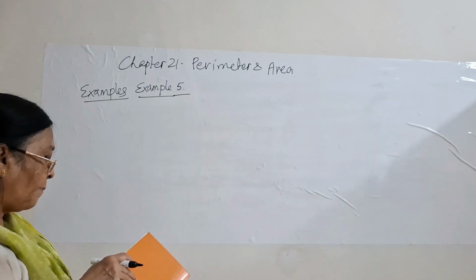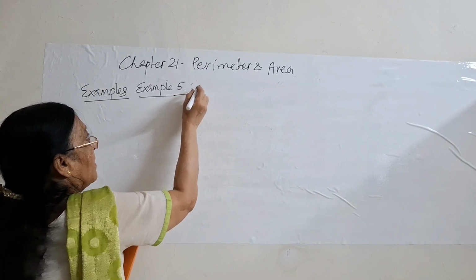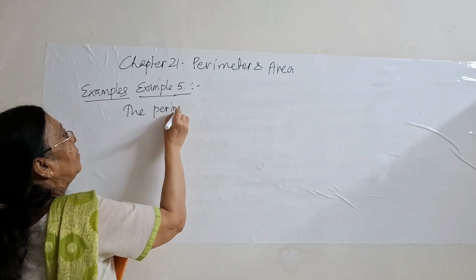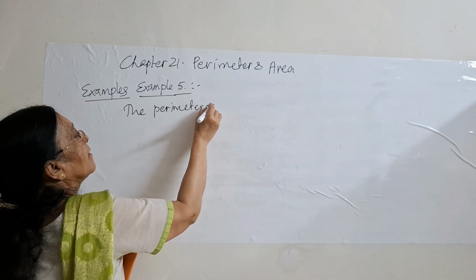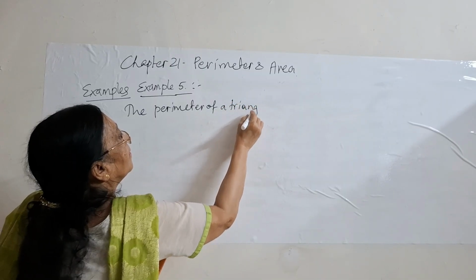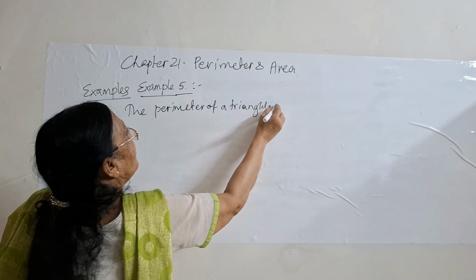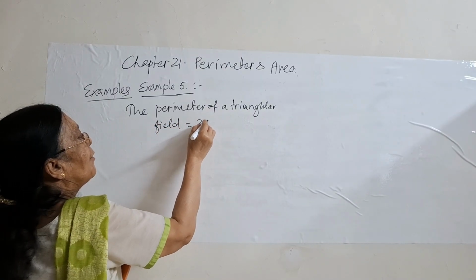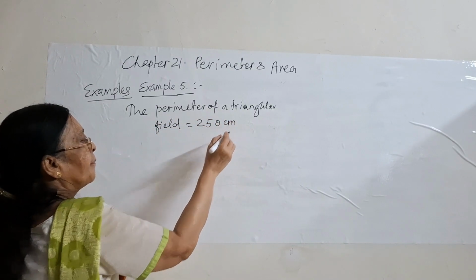The perimeter of a triangular field is given. The perimeter of a triangular field equals 250 centimeters.